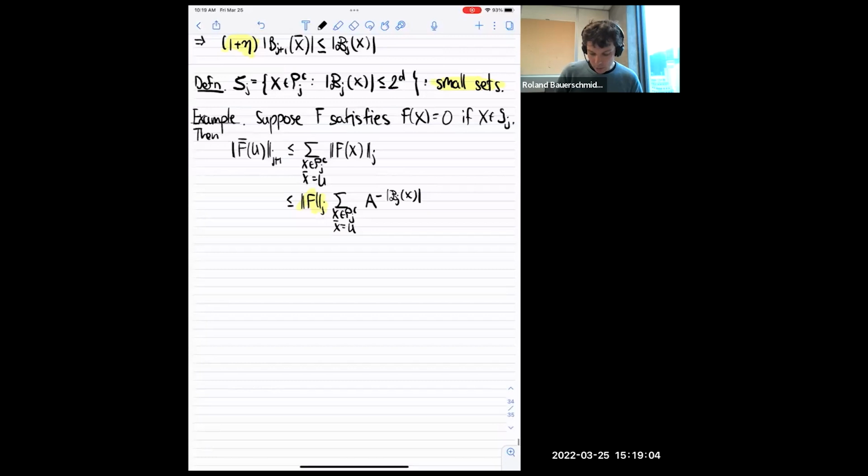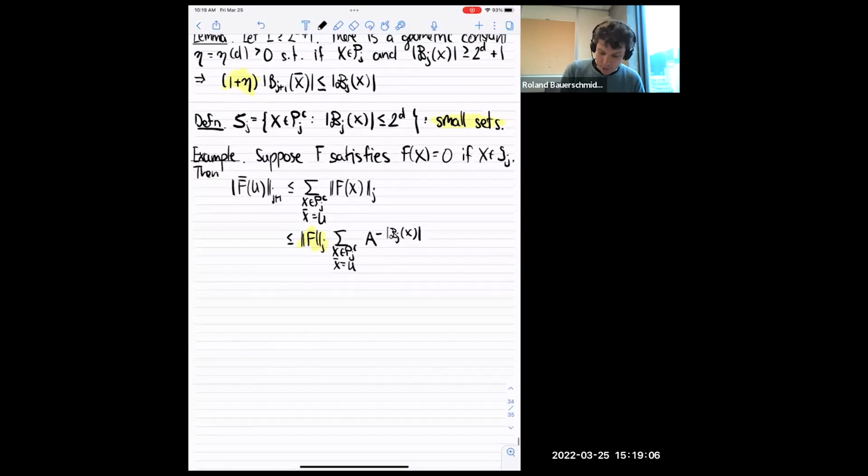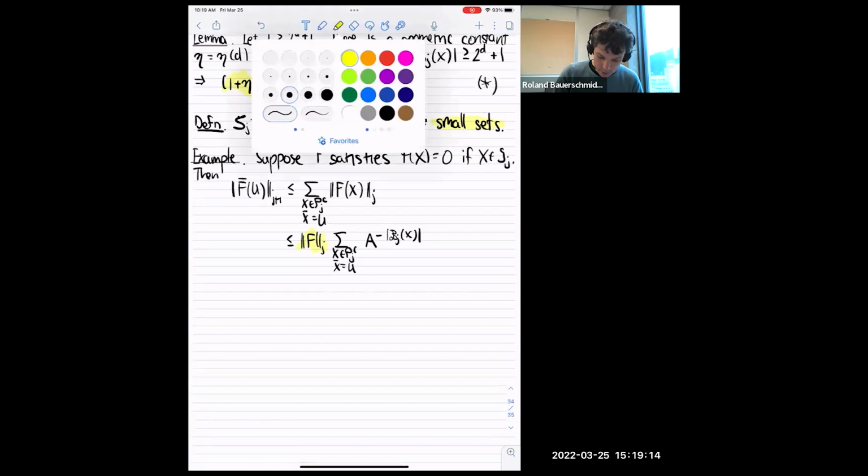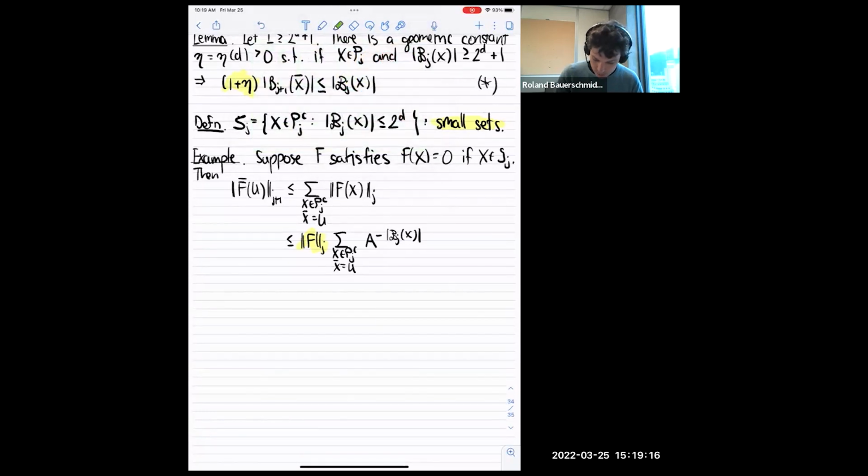So now we can use this fact star to bound b_j of x in terms of b_j plus 1.